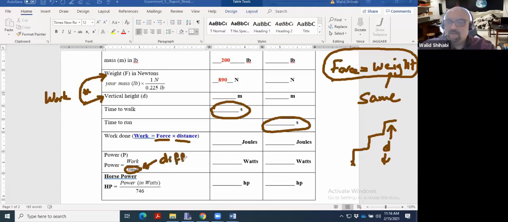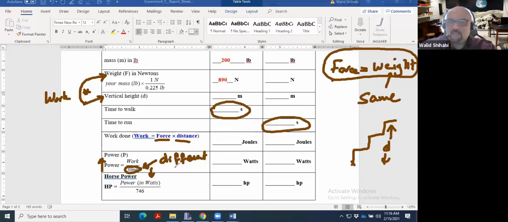Of course, it will be shorter for running. And the shorter the time, the bigger the power. So you expect running to give you more power. So we are doing the prediction right now. We are doing the hypothesis part.